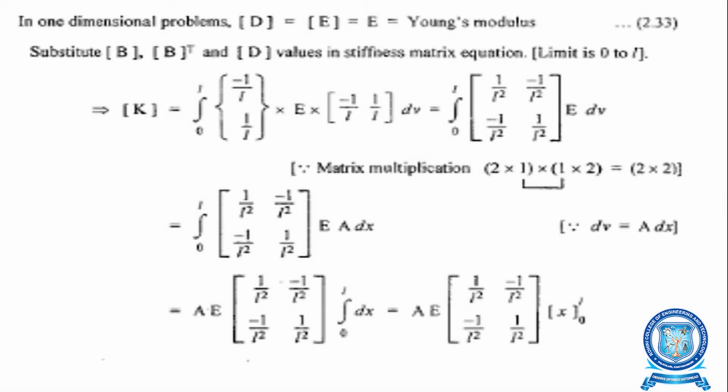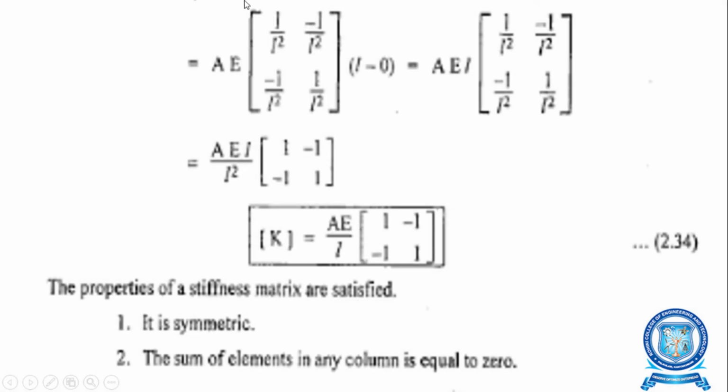So which is equal to A into E, the matrix of 1 by L squared, minus 1 by L squared, minus 1 by L squared, 1 by L squared, integral 0 to L dx, which gives AE into the matrix, into x from 0 to L, that is, into L minus 0.